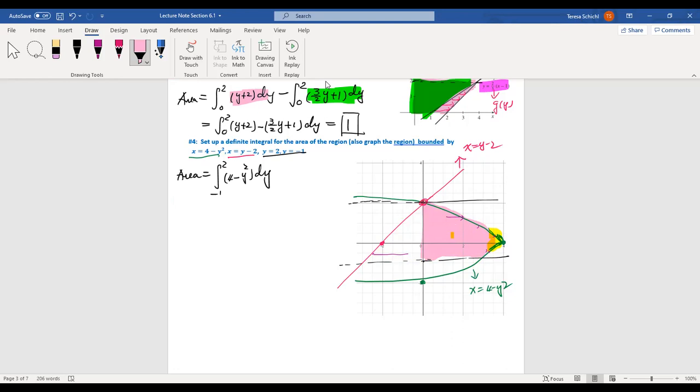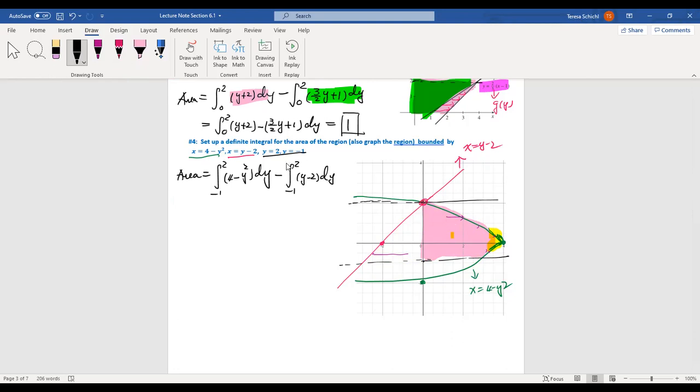And then here, the y minus 2. So I'm going to subtract the integral from -1 to 2 of y minus 2 dy.